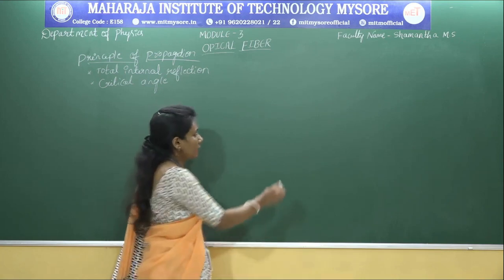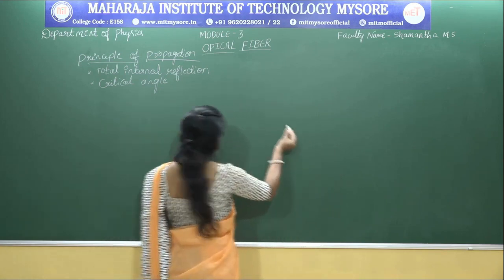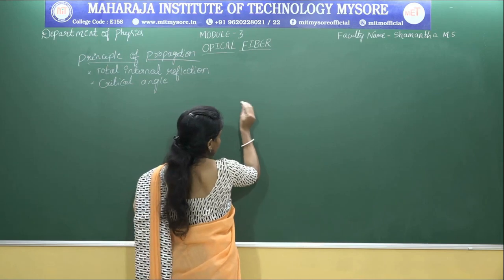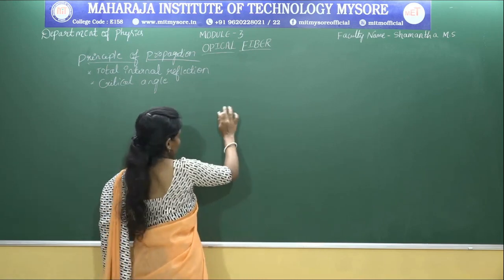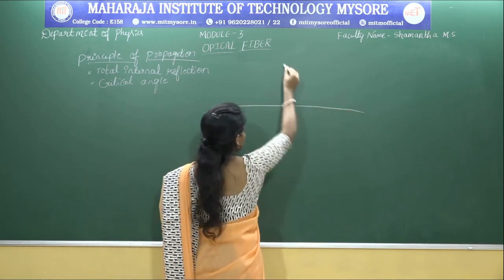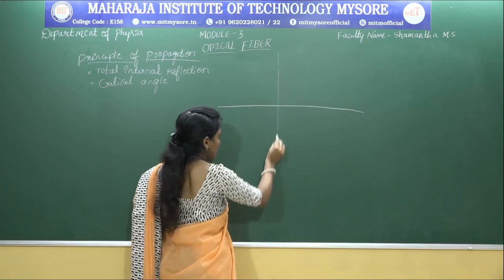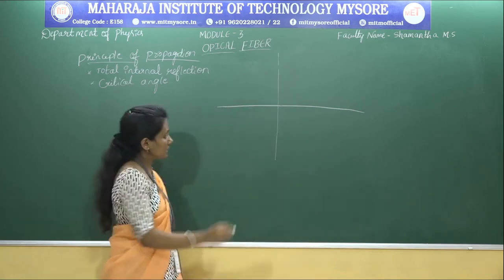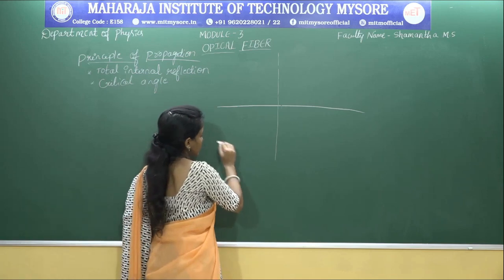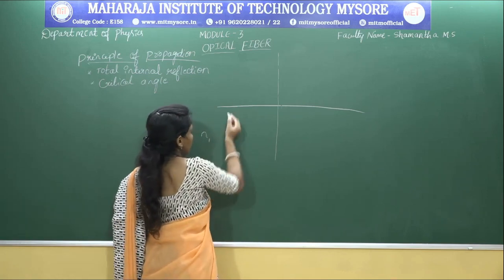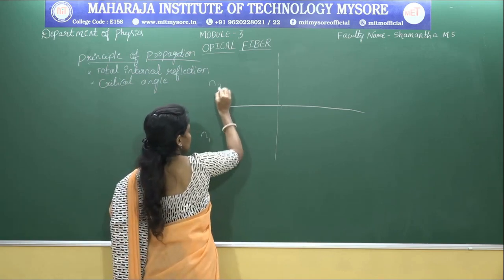So when a ray of light travels, this is the normal drawn. This is the rarer medium and this is the denser medium.